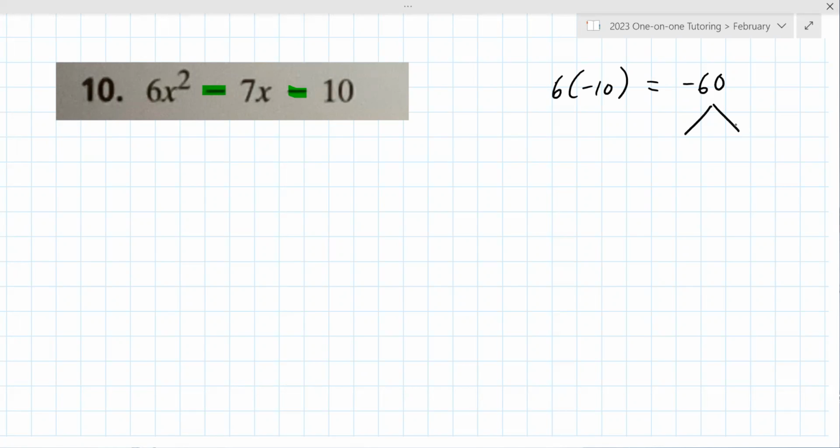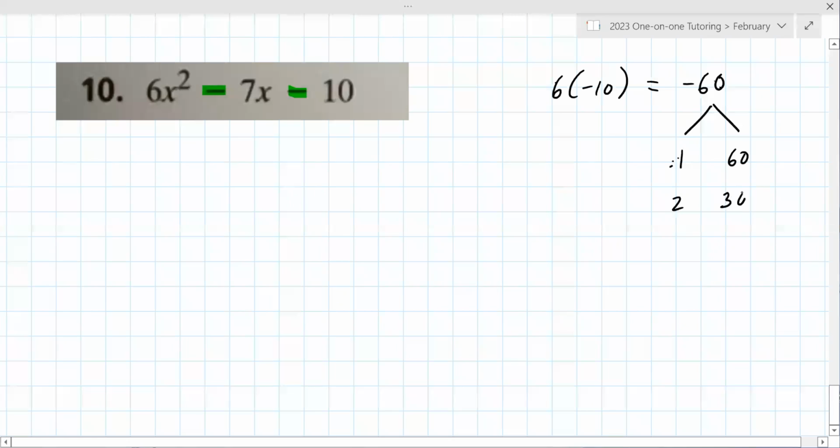Do you have an answer for me? I'm still searching my brain for it. So you just go one by one, like tables of 60. 60 divided by 1, and we can play with the signs later. By 3 is 20, 4 is 15, 5 is 12, 6 and 10.